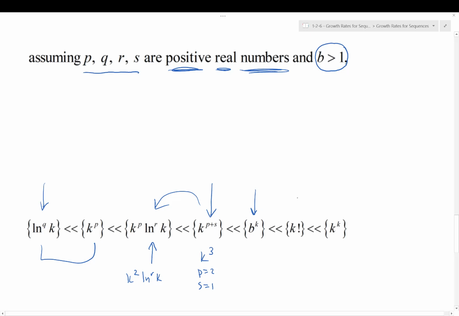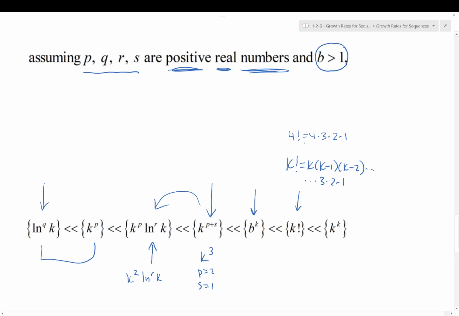And then we got the factorials, right? So k factorial, remember, k factorial is like saying k times k minus 1, k minus 2, dot, dot, dot, all the way down to 3 times 2 times 1. And so that grows even faster than an exponential function. For instance, if you consider 4 factorial, that's 4 times 3 times 2 times 1.